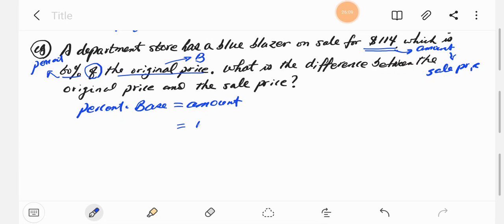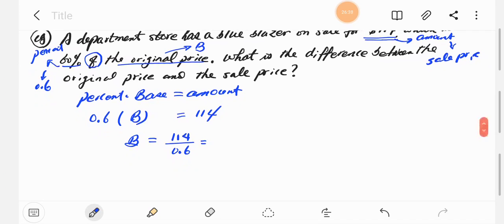So $114 is 60%, and 60% is equal to 0.6, isn't it? So 0.6 times the base, the original price. So this is an equation. To find B, divide each side by 0.6.